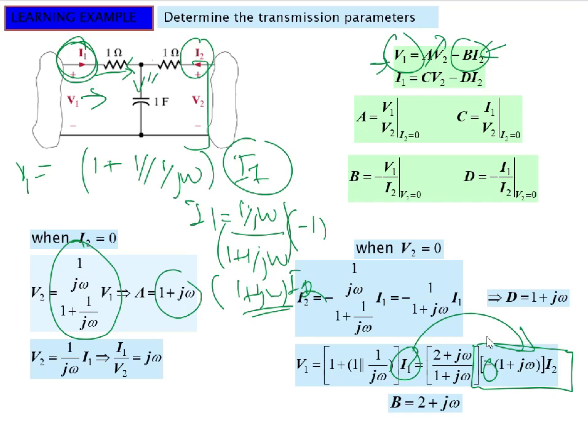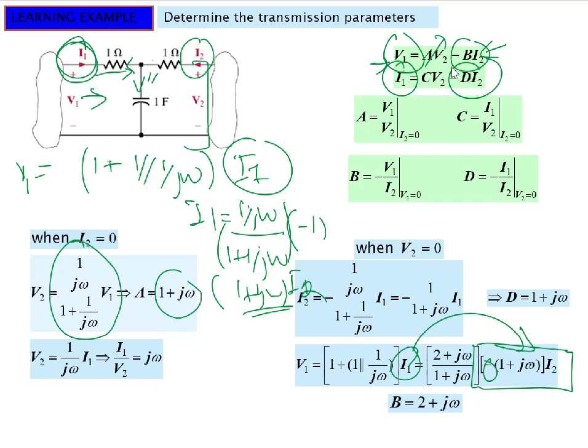Now we are left with I1 and I2. So I1 and I2 is again the current divider rule. We want to find I1 in terms of I2, or I2 in terms of I1, because I1 is our main current.